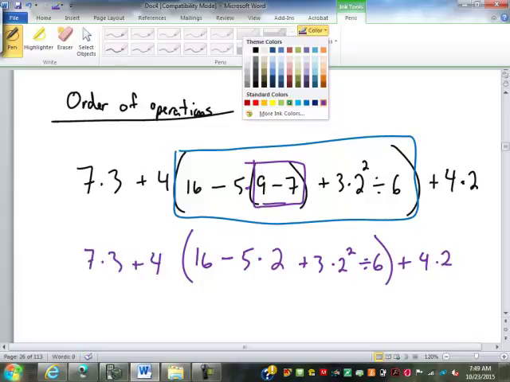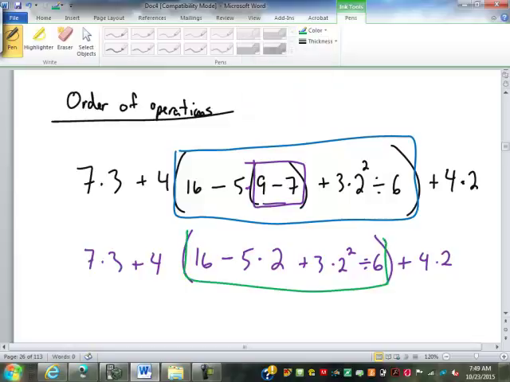Now I'm working inside that bigger set of parentheses. In there, do I have any other enclosing symbols? No. Do I have any powers or roots? Yes, 2 squared, which is 4. So I'm going to take out the 2 squared and replace it with a 4. Any other powers or roots? No. Multiplication or division? Yes.